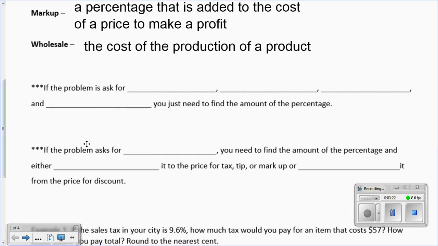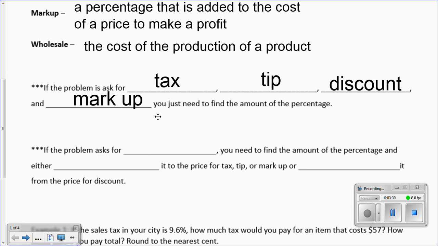If the problem just asks you straight up for the tax, the tip, the discount, or the markup amount, they're asking you for the dollar amount of that percentage. So they'll probably give you a percentage, and they want to know what's the money value of it. Or vice versa, they could give you the money value and want another percentage.